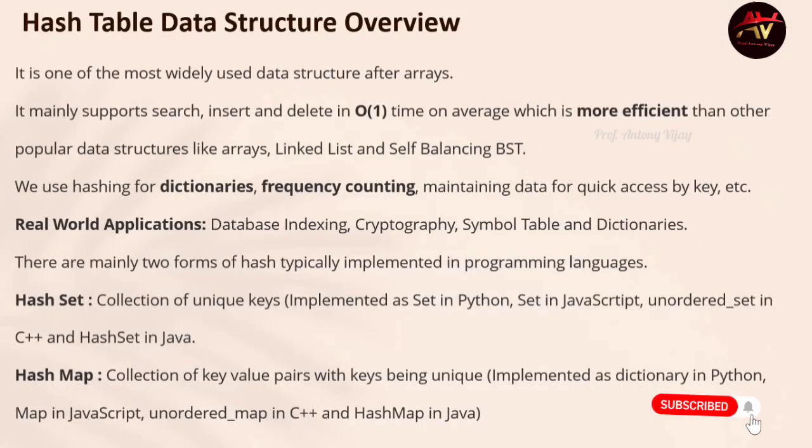Next we are going to see the overview of hash table. Actually, it is the most widely used data structure after array, and it is so easy. It is more efficient than other data structures like arrays, linked lists and binary search trees, because it gives a time complexity of big O of 1 for operations such as searching, inserting and deleting.